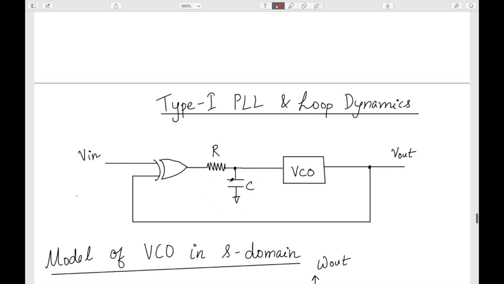If I try to draw the whole thing, there may be a constant phase difference between these two, and if there is a small error in the phase difference, that will lead to a small change in the control voltage as well as in the output phase.